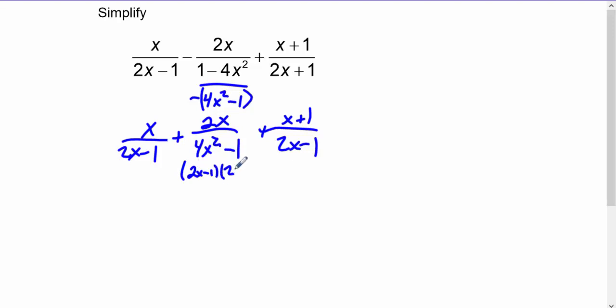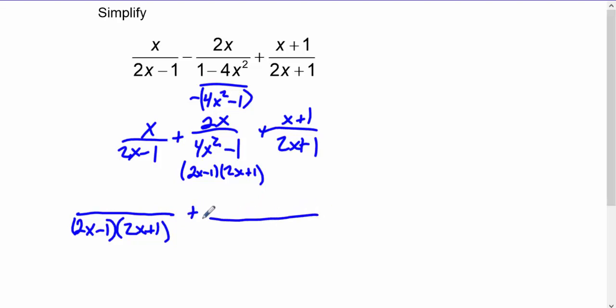Just so happens that when I factor, I notice I have both these two terms. So my LCD is going to be 2x minus 1 and 2x plus 1 across the board. Notice I'll rewrite this 3 times.